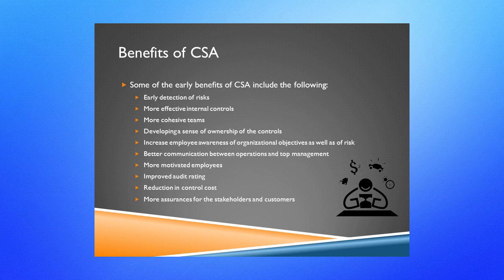If anything, you at least are increasing employee awareness of the organizational objectives as well as the risks they should be looking for. Hopefully, it gives you better communication between operations and the upper management. More motivated employees, as I said, improved audit ratings because you have this ongoing monitoring, reduction in the control cost, and more importantly for the stakeholders, more assurances for them as well as the customers you support.